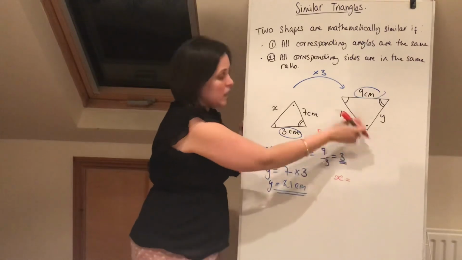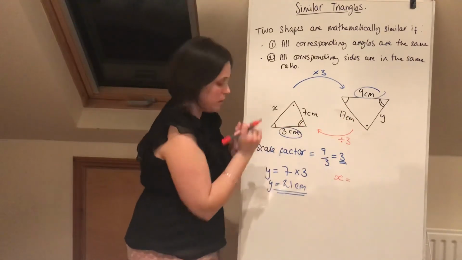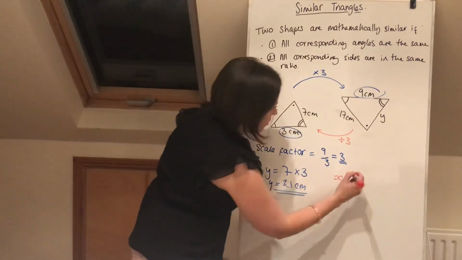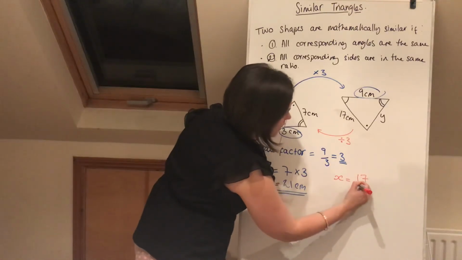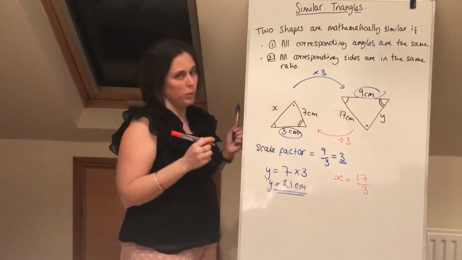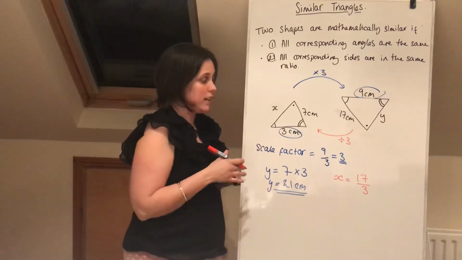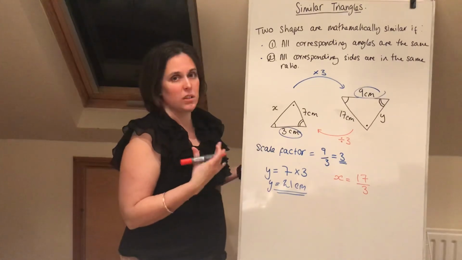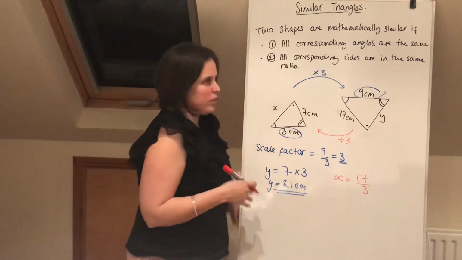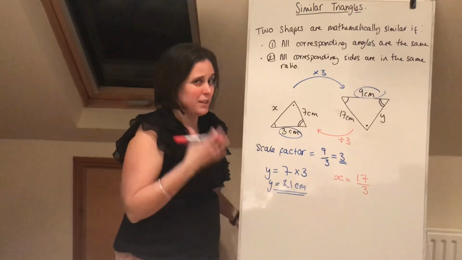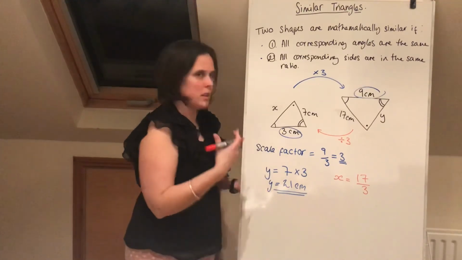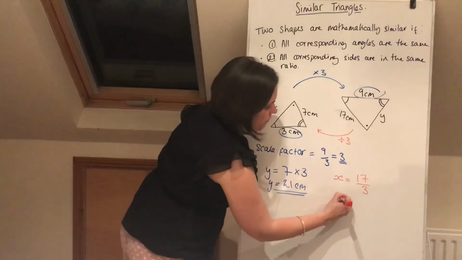Because we're going from big to small, we divide by 3. So therefore it is 17 divided by 3. Now when I do divide, I prefer to write a fraction bar, because I find it easier to deal with. If I try to do 17 divided by 3 in my head, sometimes it doesn't work properly depending on what time of day it is.